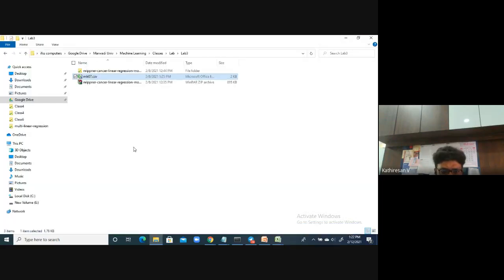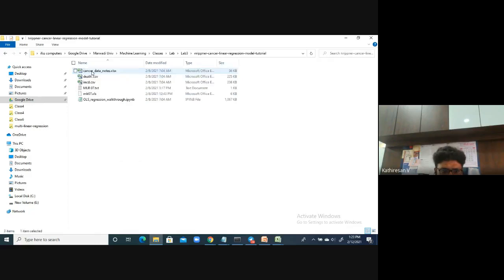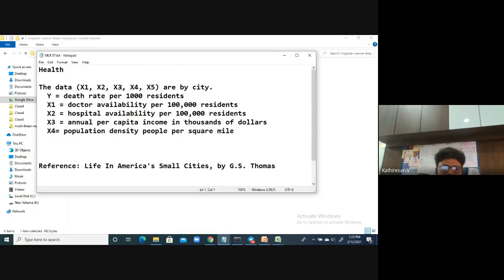This metadata also I am having. Just look into this metadata. x1, x2, x3, x4, x5 are the data. You have any one as y. I would like to have y as death rate per thousand residents.